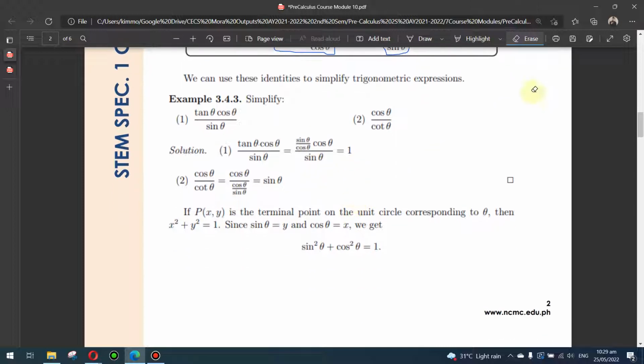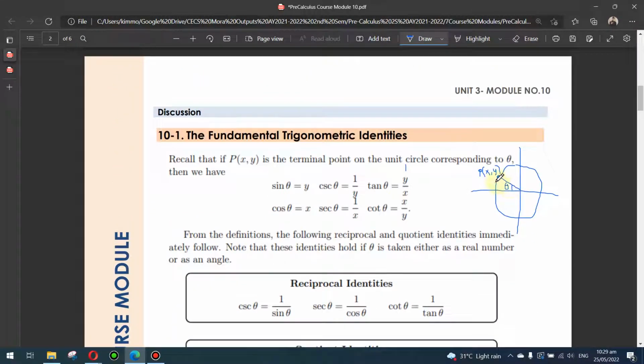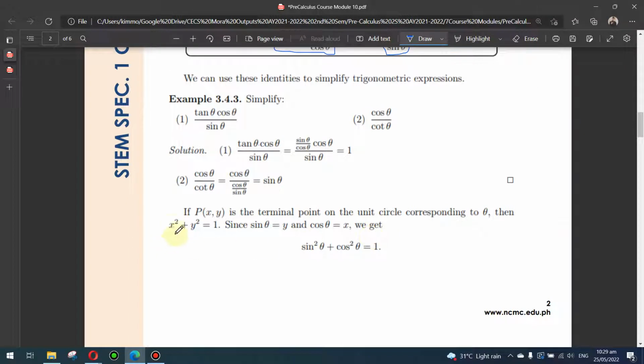So if point P at x and y coordinate is the terminal point on the unit circle corresponding to theta, like what I drew here, the terminal point on your circle, then x squared plus y squared is equal to 1.